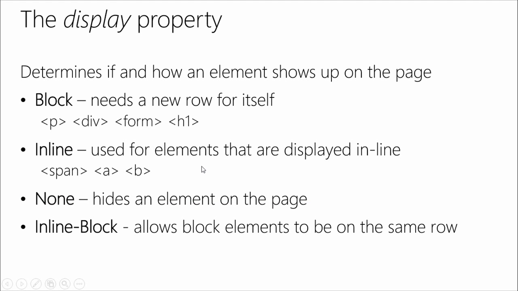First, we should talk about the display property. This really gets an element to actually display on a page. There are a lot of different HTML elements, as you well know, and there are two main types. The first is a block level element, the typical elements you're thinking of: paragraphs, divs, forms, headings, anything that takes up an entire row for itself on the page.